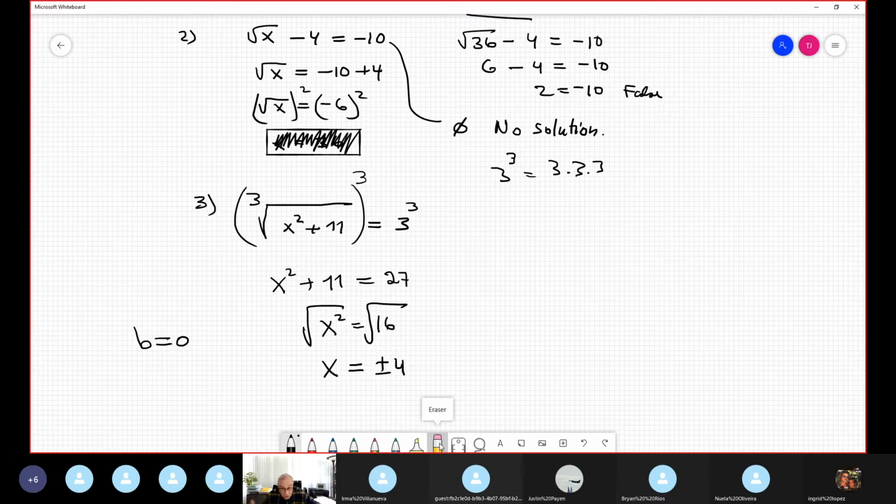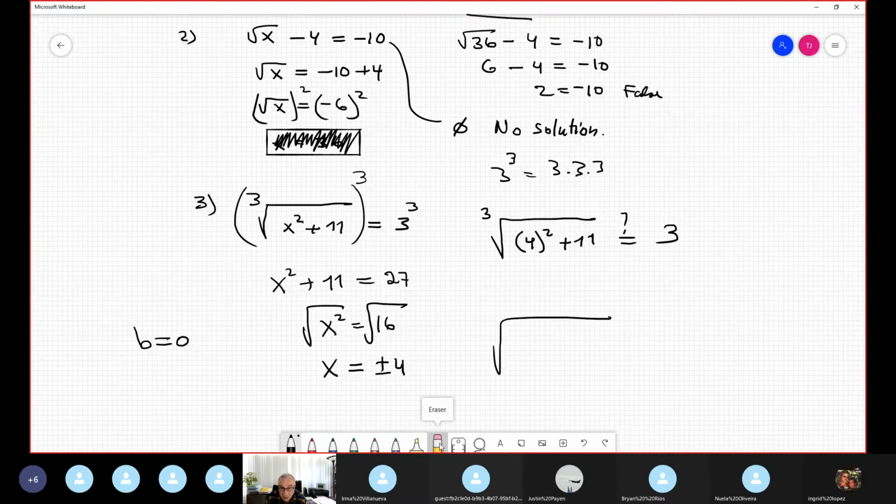If you want to check it, you can. Let's do it out of curiosity. I plug it into the original: the cubic root of 4 squared plus 11 should be 3, and also negative 4 squared plus 11 should be 3. This is 16, and 16 plus 11 is 27, remember.